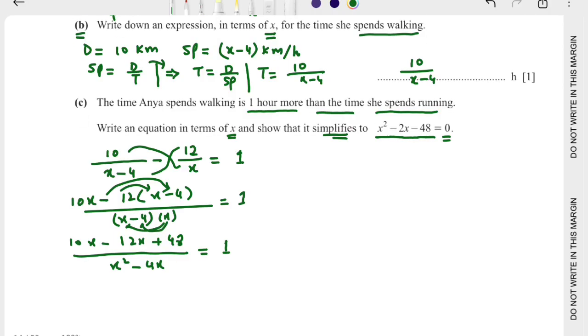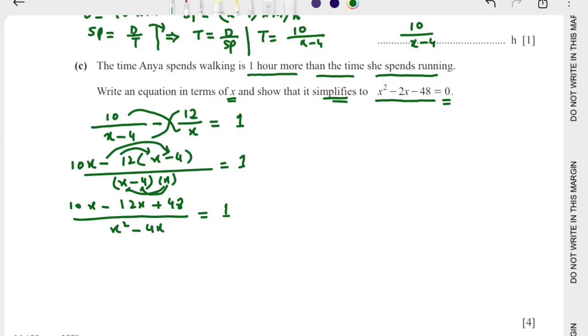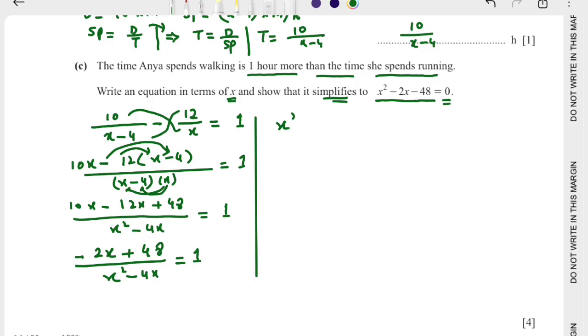We will solve it further. 10x minus 12x is minus 2x plus 48 upon x square minus 4x is equal to 1. We have to cross multiply. So it will be x square minus 4x into 1 is equal to 1 into minus 2x plus 48, and it will be x square minus 4x is equal to minus 2x plus 48.